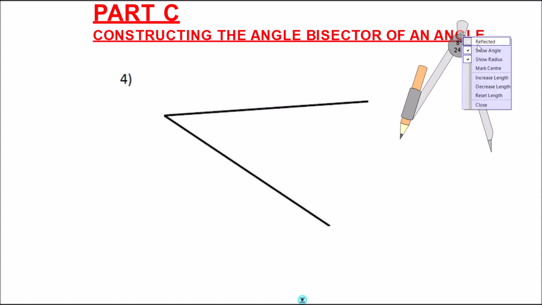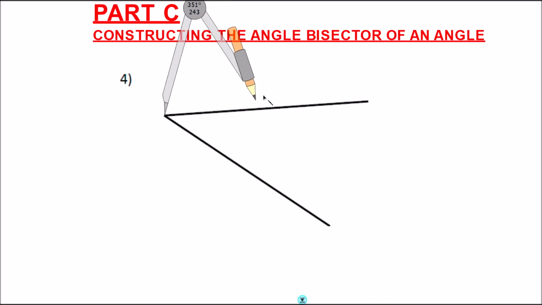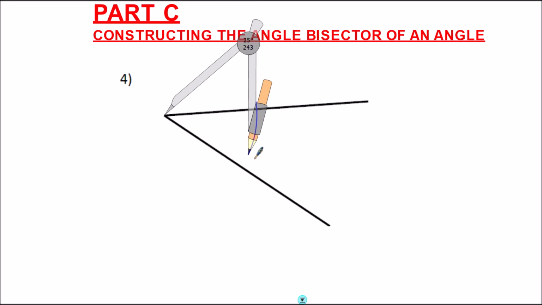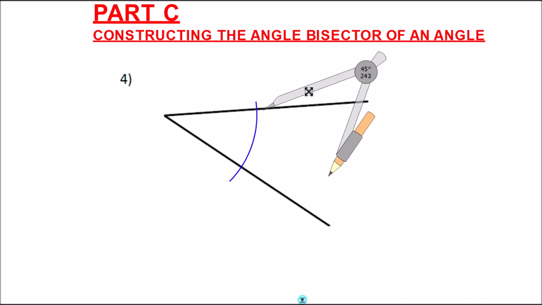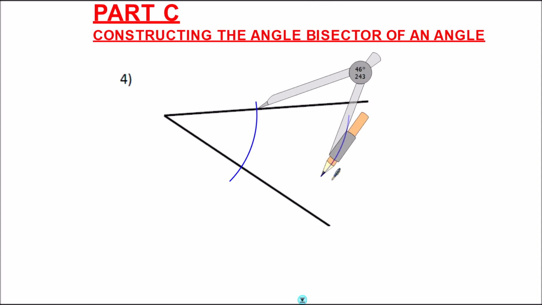Question 4, put the compass needle where the angle begins, cut the line at the top and bottom, move the compass needle to where the curve cuts the top line, and do a curve in the middle of the angle.